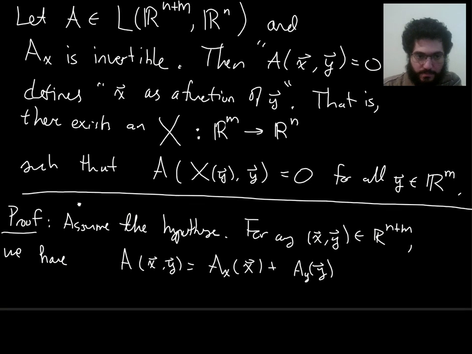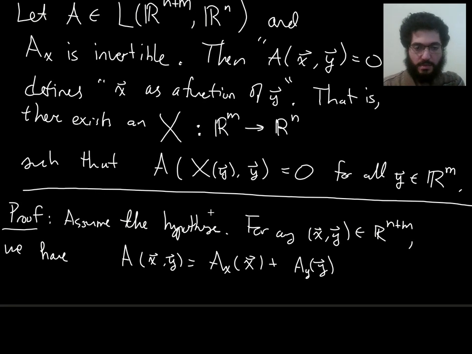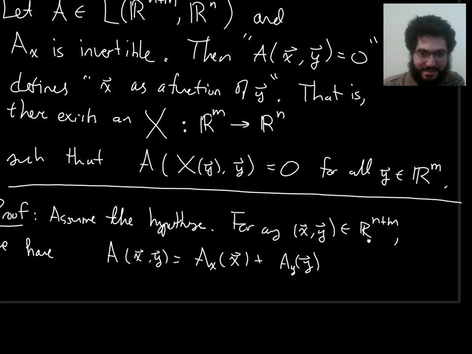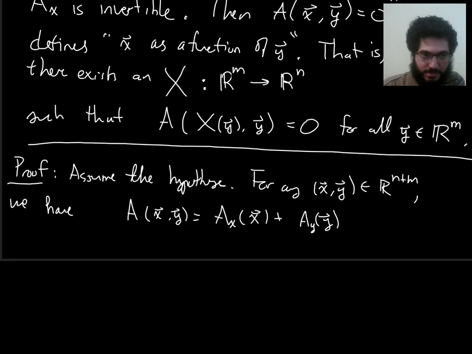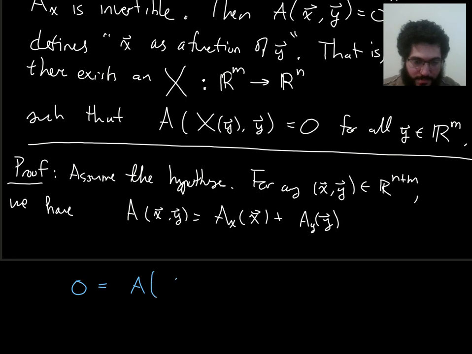So let me do some scratch work, in blue, and then I'll erase it. I want 0 equals this. I want capital X to satisfy this. I can even phrase this without the little y's showing up. This is basically what I want.